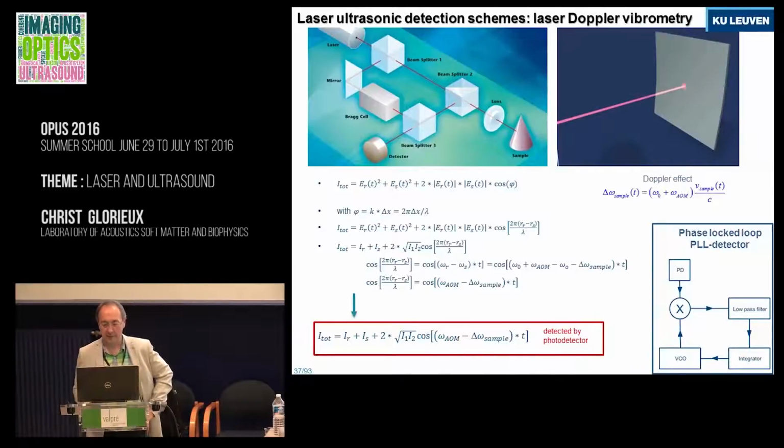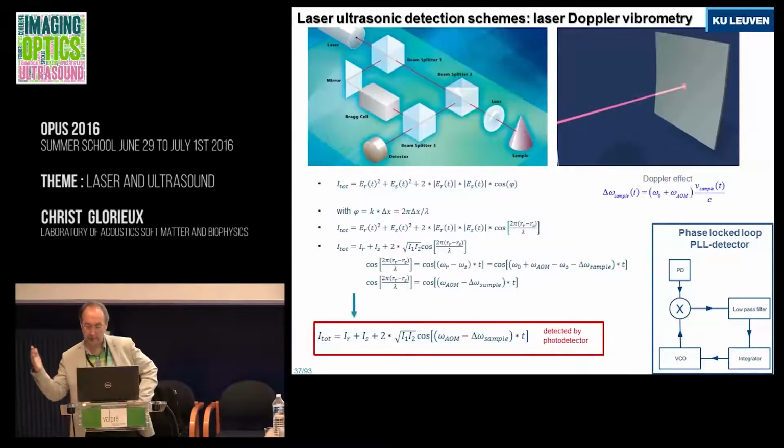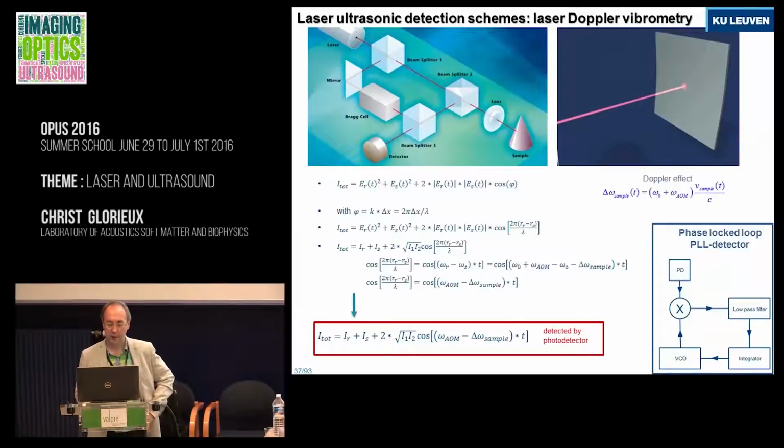So, laser Doppler vibrometry. The principle is that when we want to detect waves, when the wave is moving, it has a velocity. When light is reflected from a moving object, reflected from the sample, you'll have the Doppler effect, as is shown here in the animation of one of the producers.